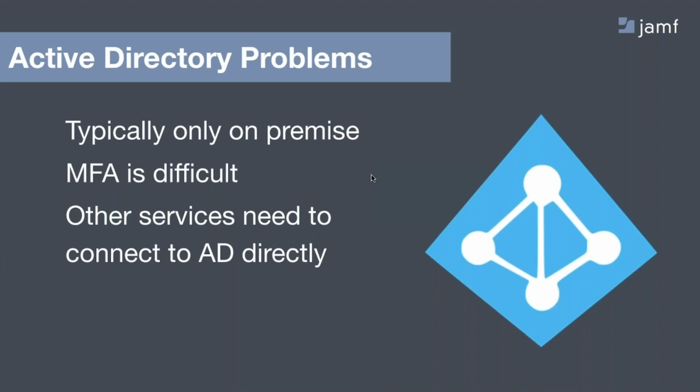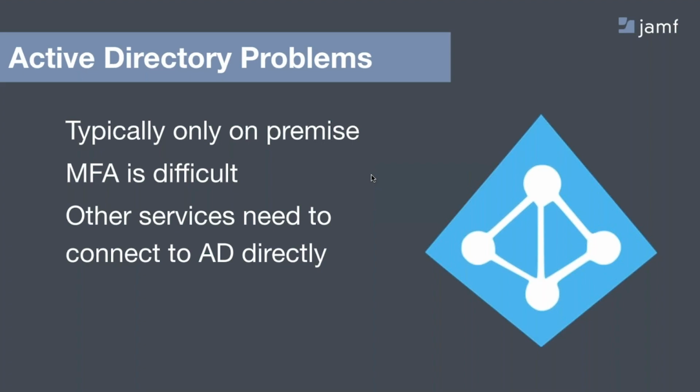AD had some problems, specifically if you've been trying to use it with DEP authentication and things like that. Active Directory itself is primarily an on-premise technology. You run your own domain controllers, and while you can put these into cloud services, like Azure, probably no sane person runs a domain controller that's publicly accessible to the world.